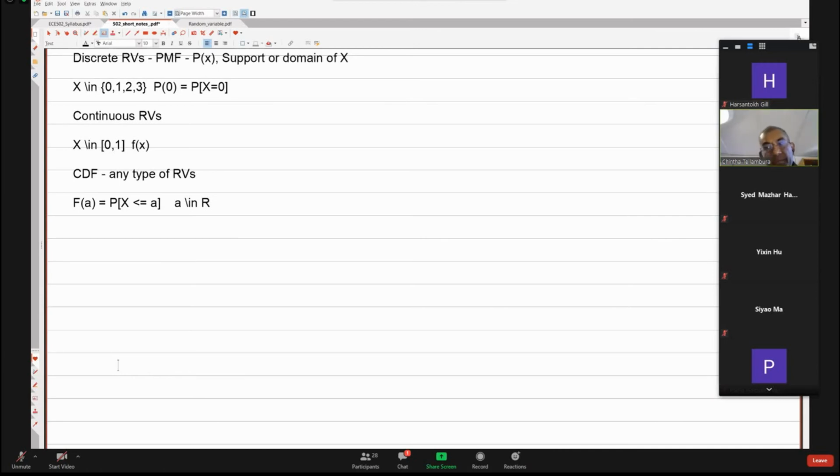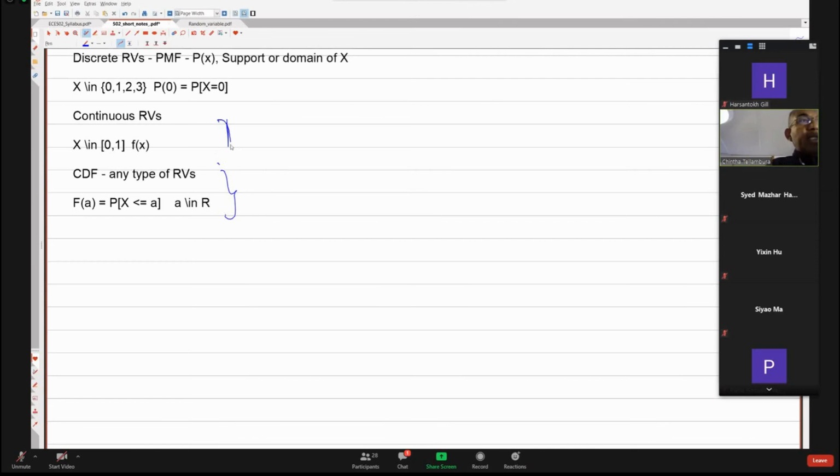So the continuous case, let's see my pen working. This is the pen. Okay, so here is the pen. So let's say in this particular case, I have a continuous random variable, right?